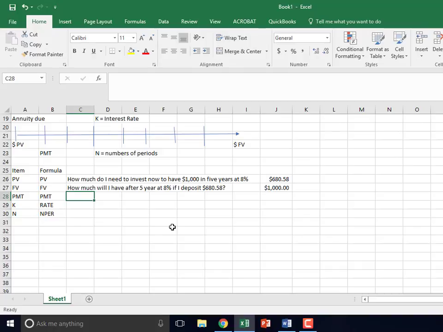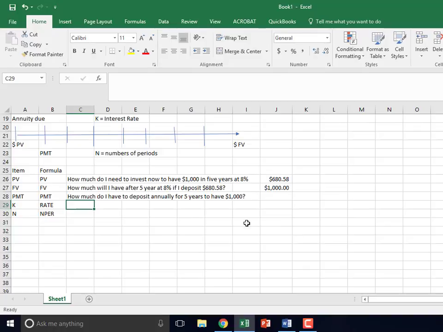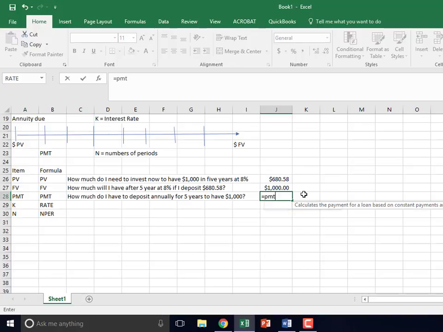Let's solve, how much do I have to deposit annually for 5 years to have $1,000? So instead of one deposit, I'm going to have multiple deposits. How much do I have to have for each of those deposits to get to $1,000 at the end? So this is a PMT problem.